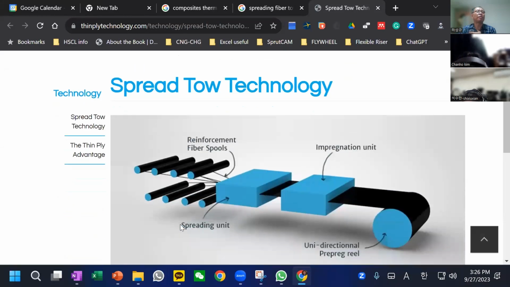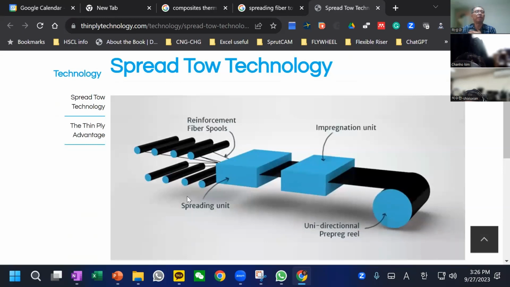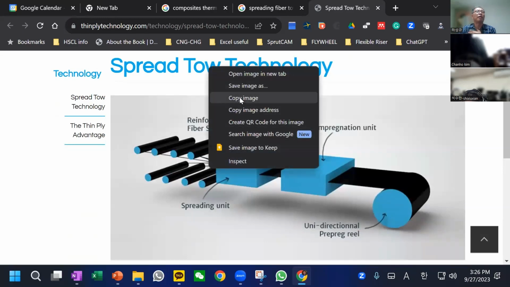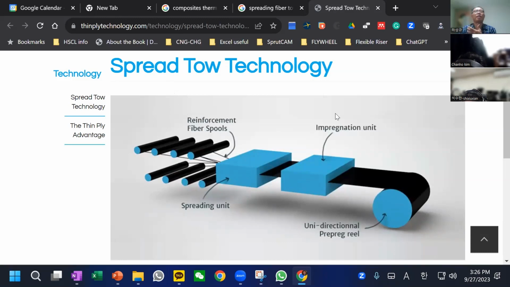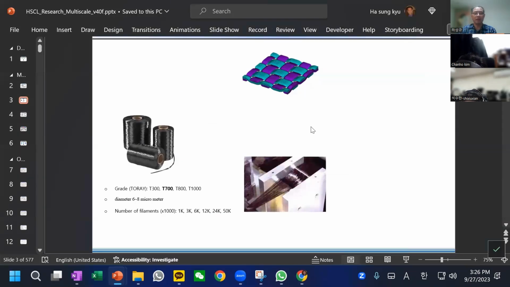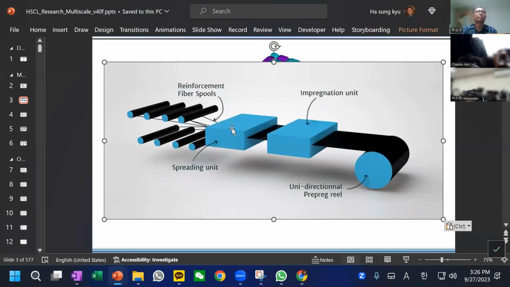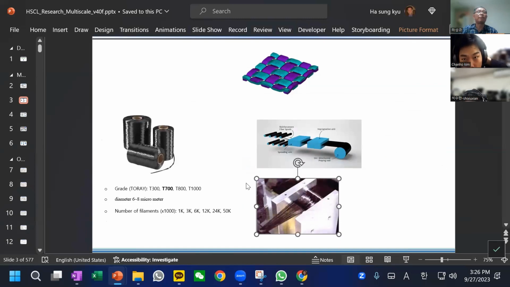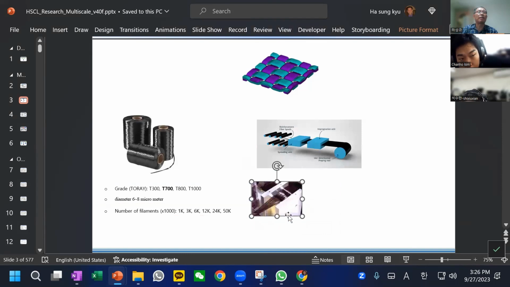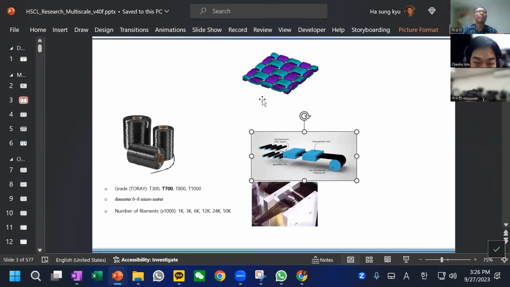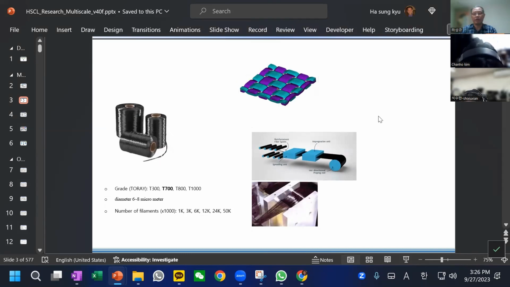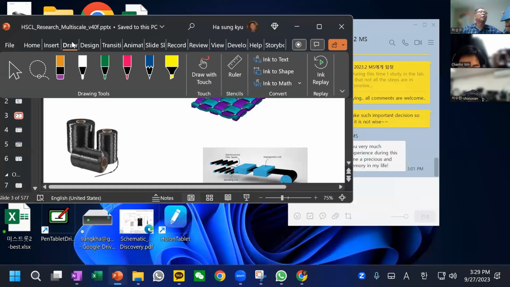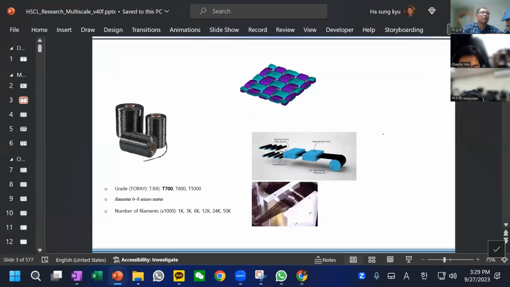Okay, spread tow is another really important technology. As it means, spreading is just to spread very uniformly. Again, this is one tow.